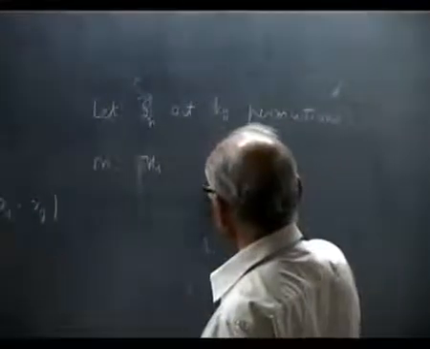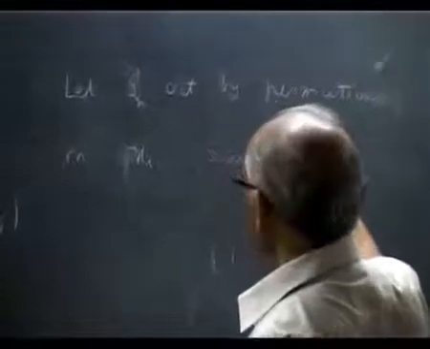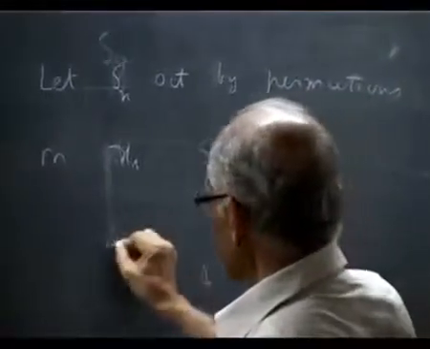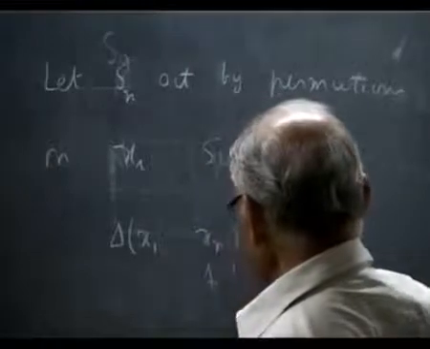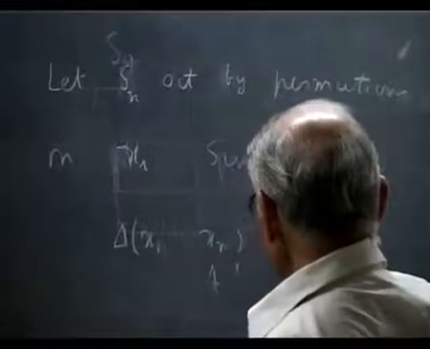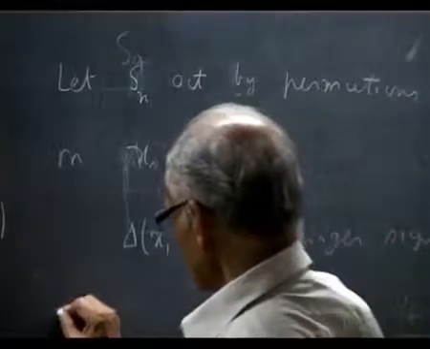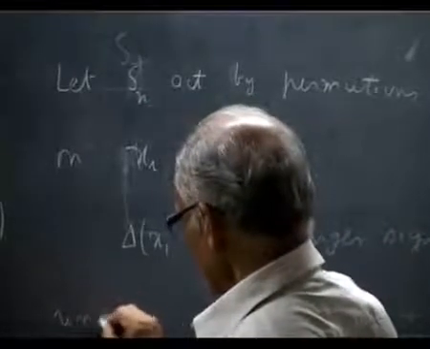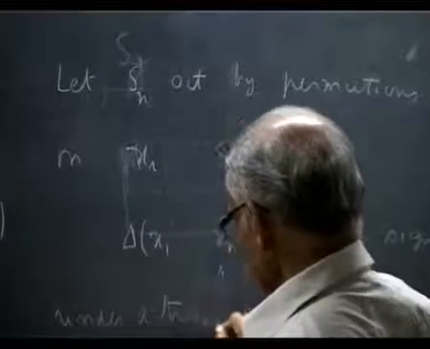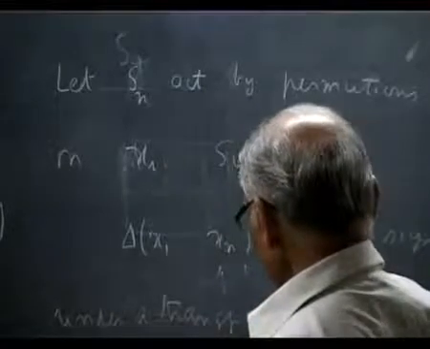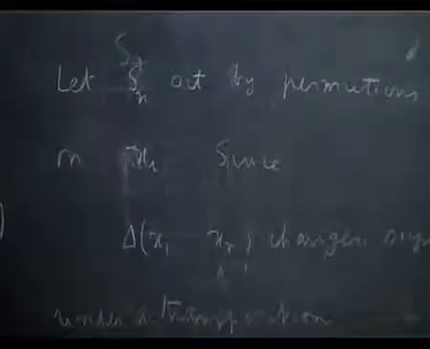Since delta of x1 to xn changes sign under a transposition, right, because it exchanges two rows.